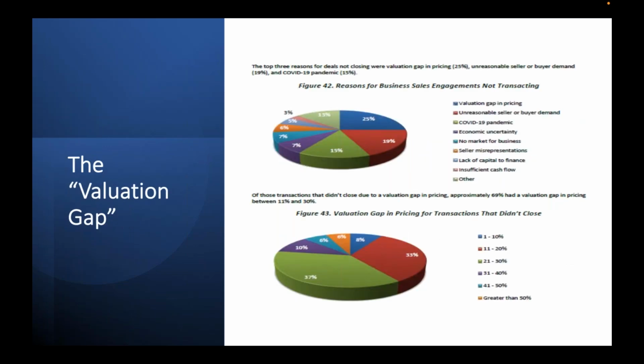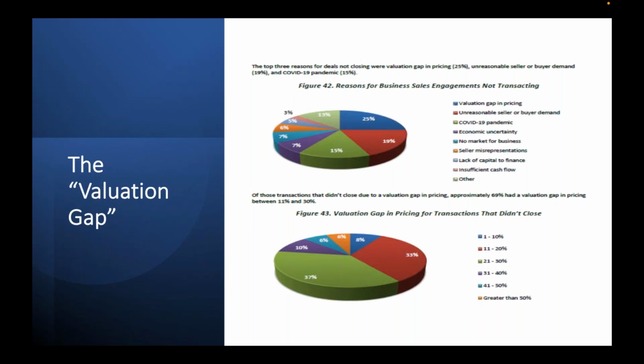Okay, next slide. And I'm going to close with a discussion of what they refer to as the valuation gap. And basically, the investment bankers were surveyed as to why did their businesses not sell. So over the course of a year, they get 20 businesses to sell.